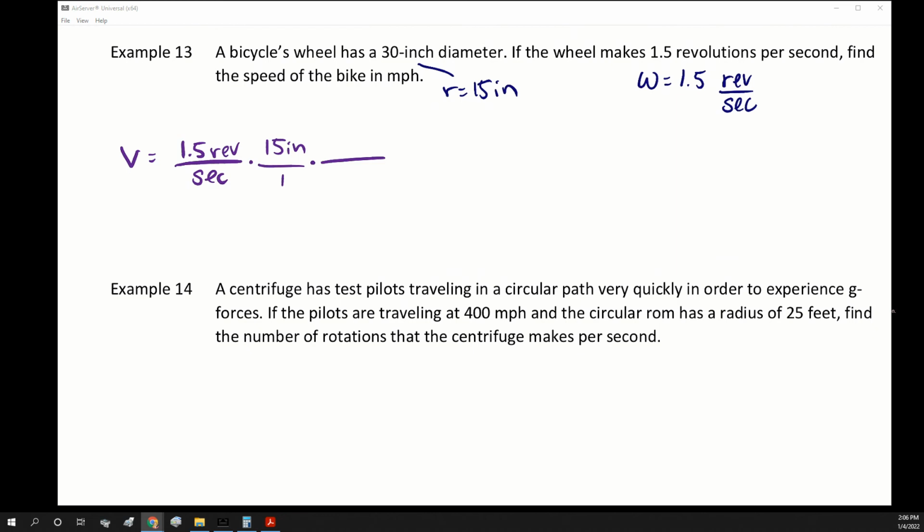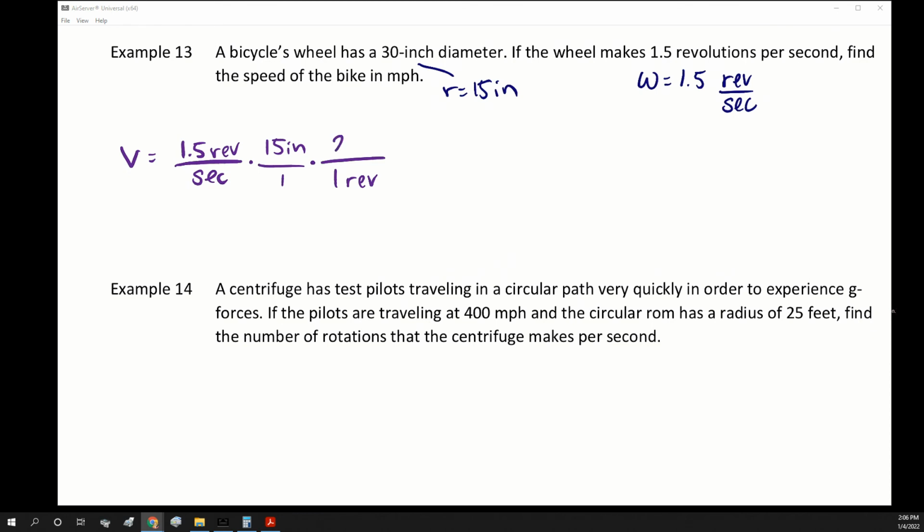So since this revolution is in the numerator, to cancel it, I'm going to put revolutions in the denominator. And then I want to change it to a type of measurement that doesn't have a unit, which is radians. And so 1 revolution is how many radians?